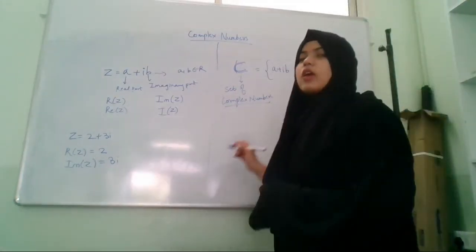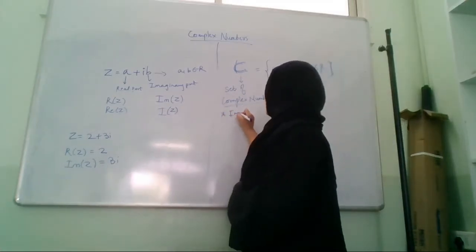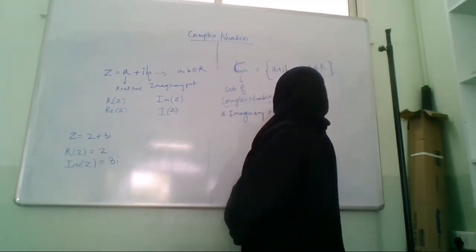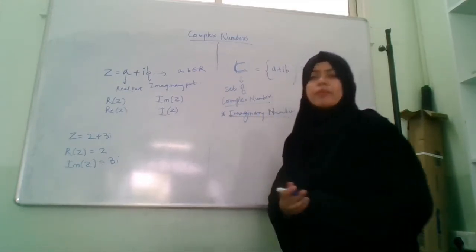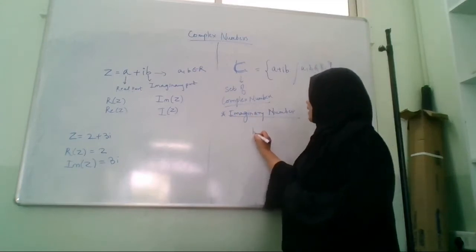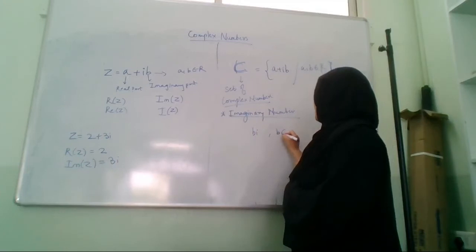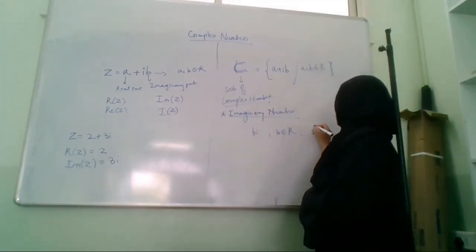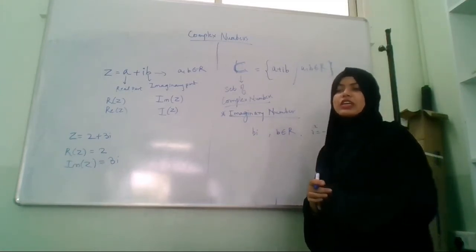Next we will see what an imaginary number is. A number of the form bi, where b belongs to real numbers and i square is equal to minus 1, is called an imaginary number.